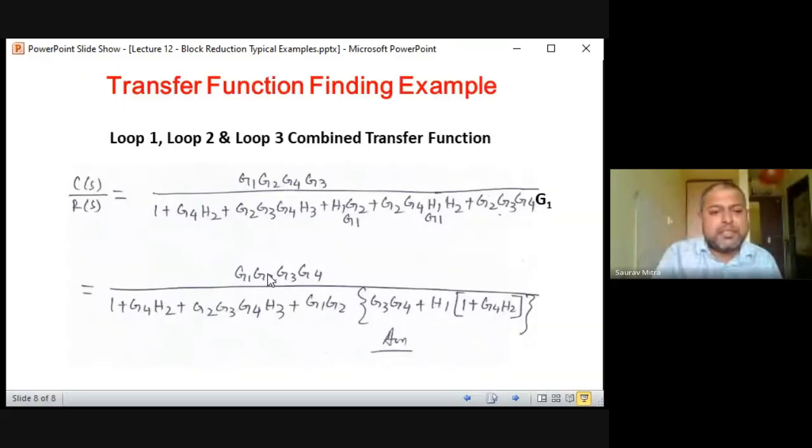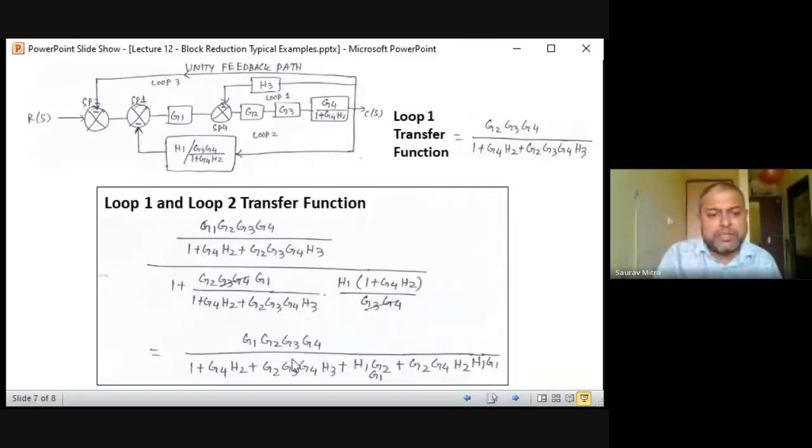And whatever is the denominator here, with this denominator, one term of G1 G2 G3 G4 will get added. So how many terms will there be? This 5 plus this 1. This practice also you have to do. Some of you are not able to add and subtract these ratio forms, so please practice.